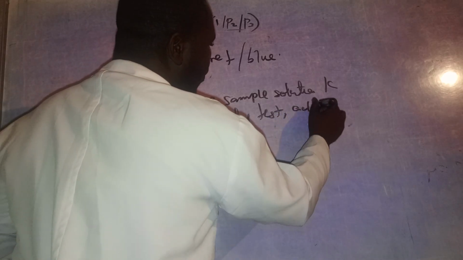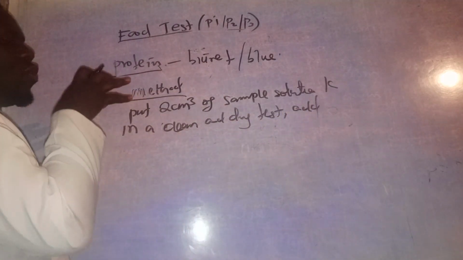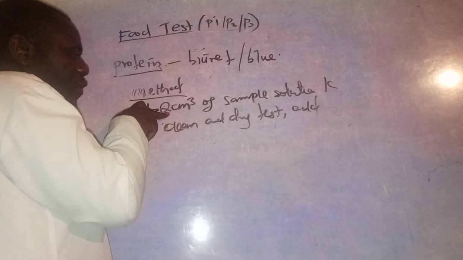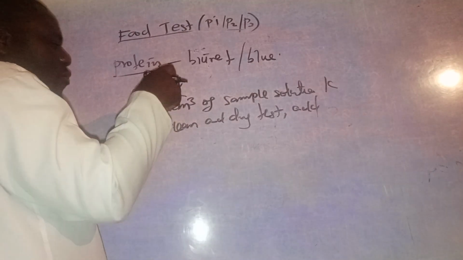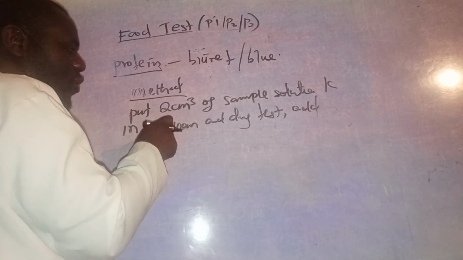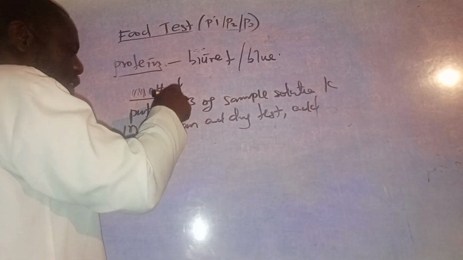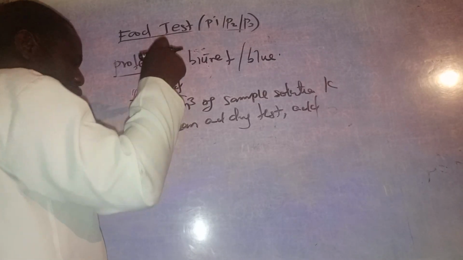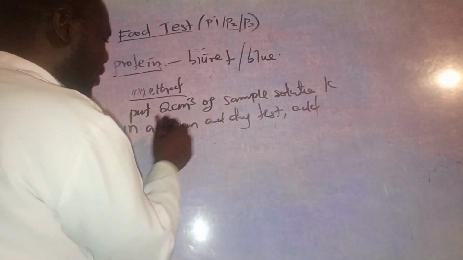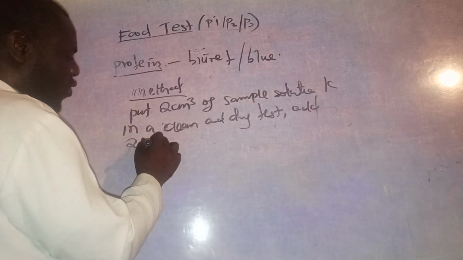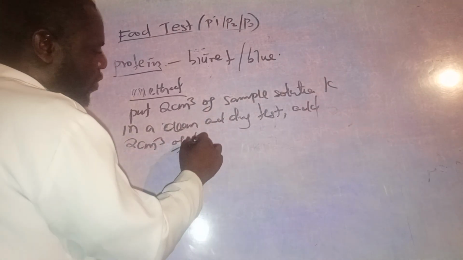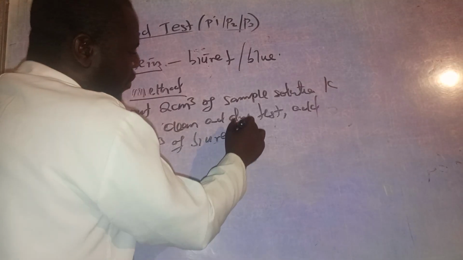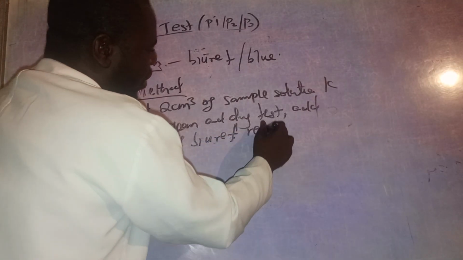Then you add an equal volume. So if we have 3 cubic centimeters of sample, we put an equal volume of biuret, which is 3 cubic centimeters. If you have 4, here we put 4. If you have 1, here we put 1. So you add 2 cubic centimeters of biuret reagent.